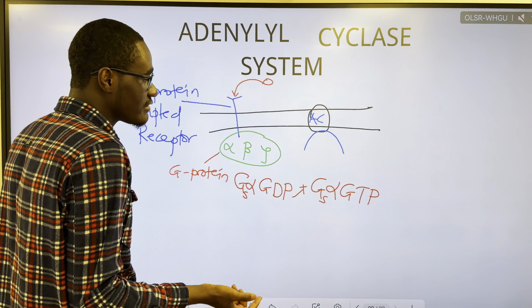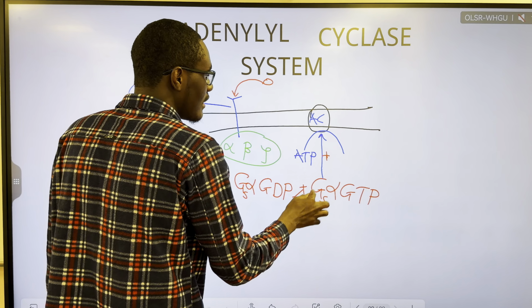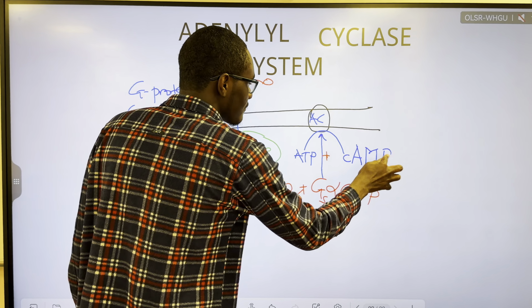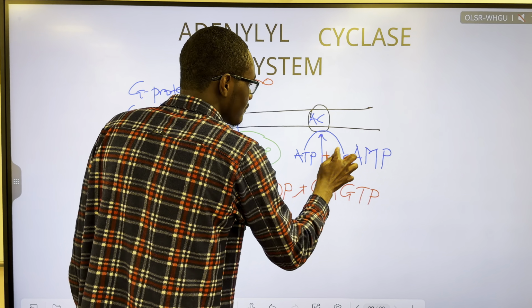So it has a positive effect on the enzyme adenylyl cyclase, which is going to lead to the conversion of ATP into cyclic adenosine monophosphate. That's why it is called adenylyl cyclase, meaning it's going to convert adenosine triphosphate into its cyclic form, which is called cyclic adenosine monophosphate.